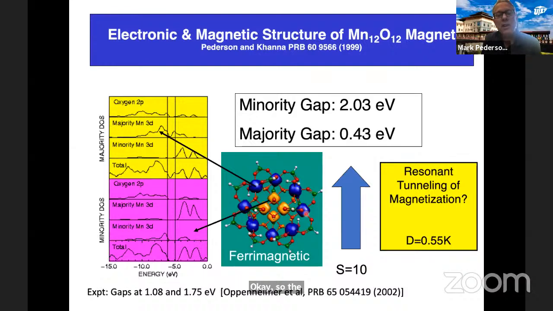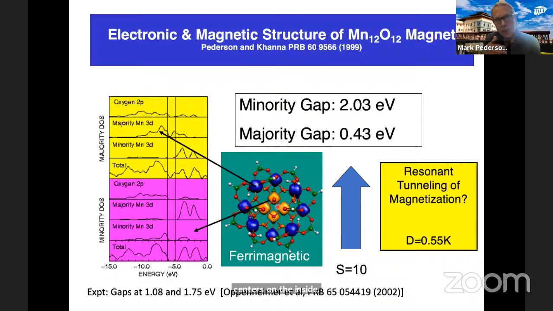Again, the first molecule where resonant tunneling and magnetization was observed is this manganese 12 acetate molecule. It's ferrimagnetically ordered. It has 8 S=2 centers on the outside, 4 S=3/2 centers on the inside.